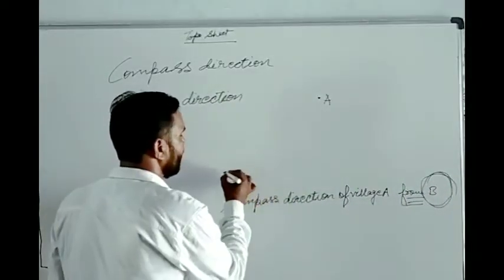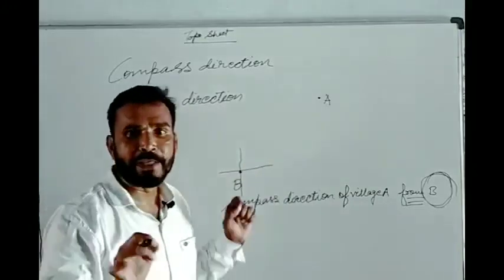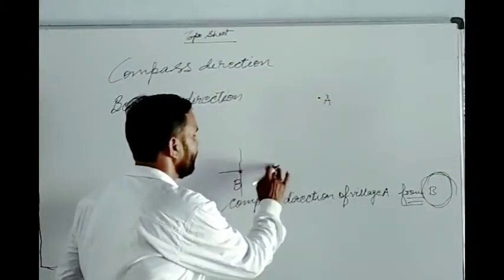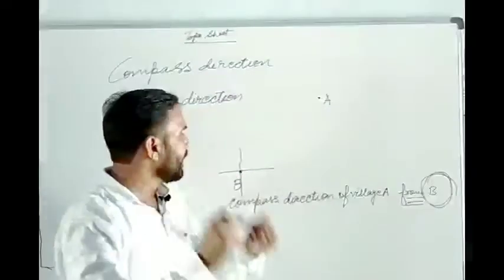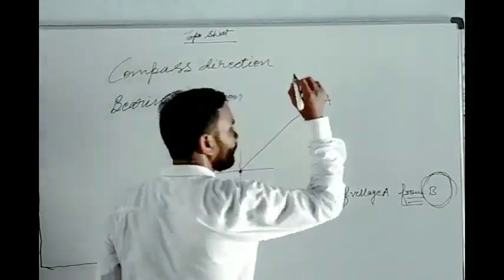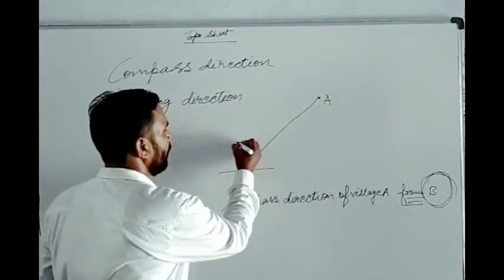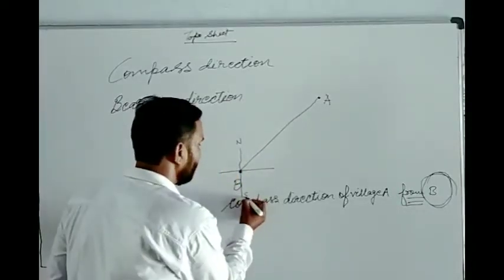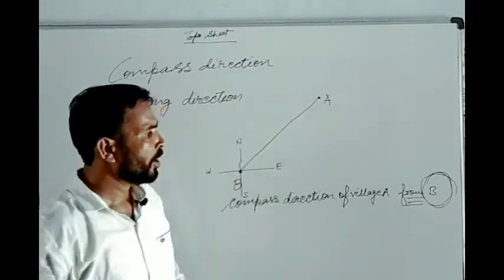So we will place one plus mark here over the point B. This is village B, so you will make one plus sign here. Okay. Now join both of these. After this we know always in the map top will be north, bottom will be south, this will be east, this will be west.